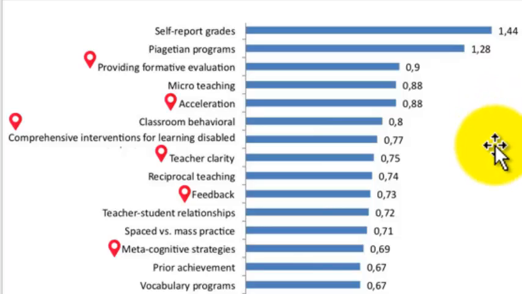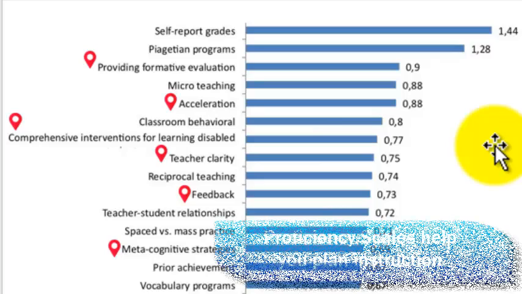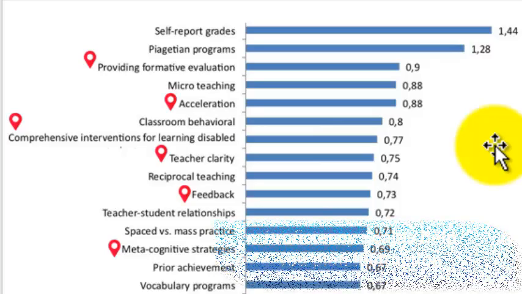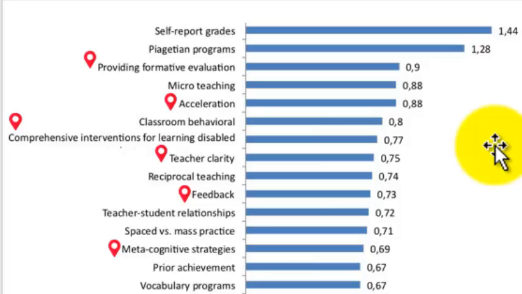Also, acceleration is a key thing in John Hattie's research, where students are able to get content that is above where they're currently at in terms of grade level. Well, that can happen inside of the PCBE model that we're exploring here. The acceleration will be there because the proficiency scales will help students and teachers understand what it looks like at that next level and get content for students.